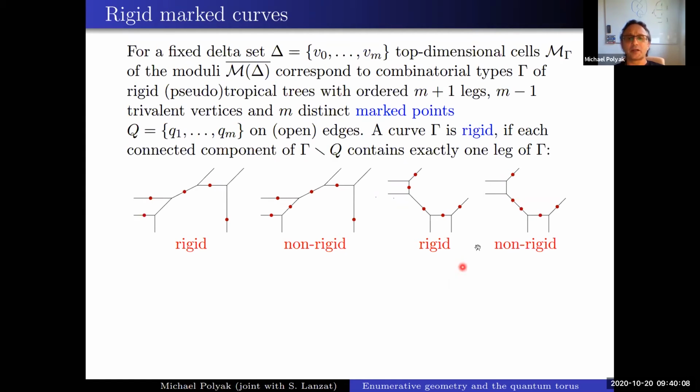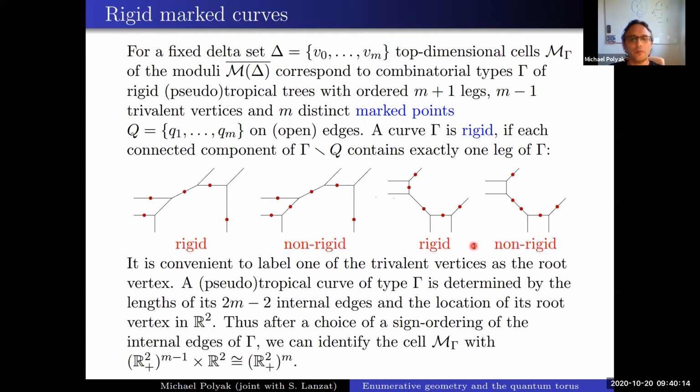So for some technical reasons, we're only interested in these rigid marked curves. And it's also convenient, again for technical reasons, to fix one of these trivalent vertices as the root vertex.